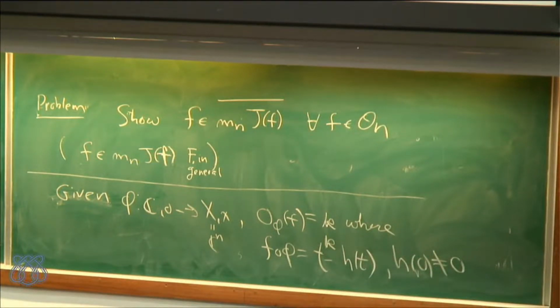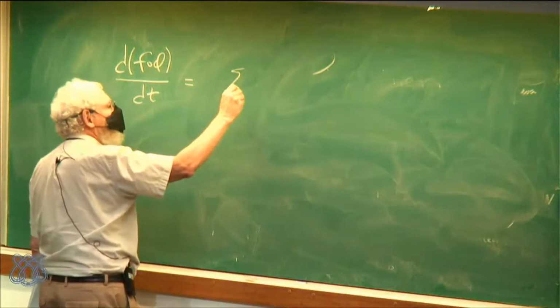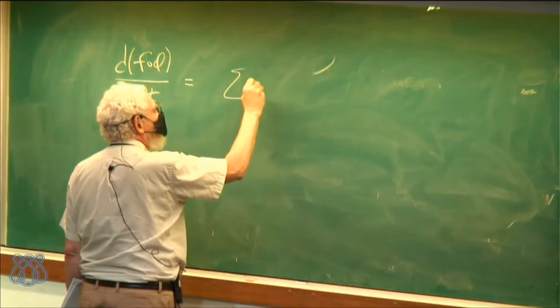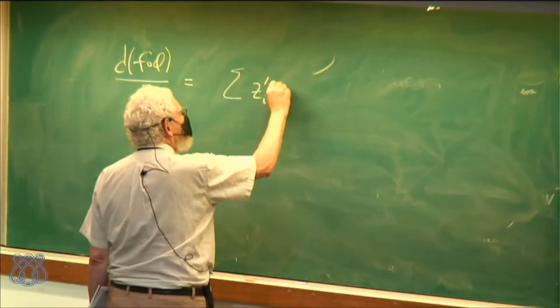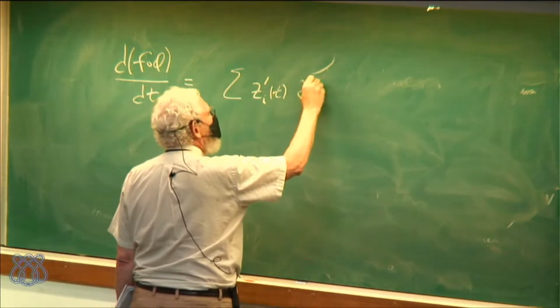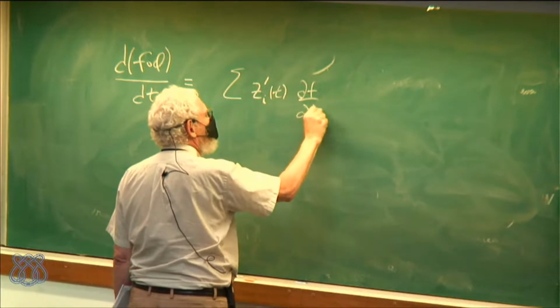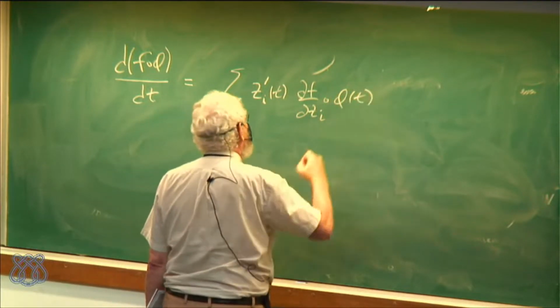So we know by the chain rule that this is equal to the sum of z_i prime as functions of t times the partial of f with respect to z_i composed with phi of t.